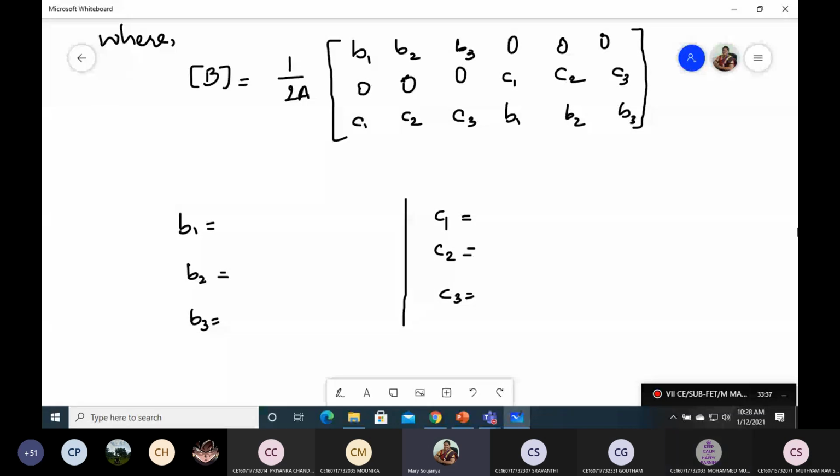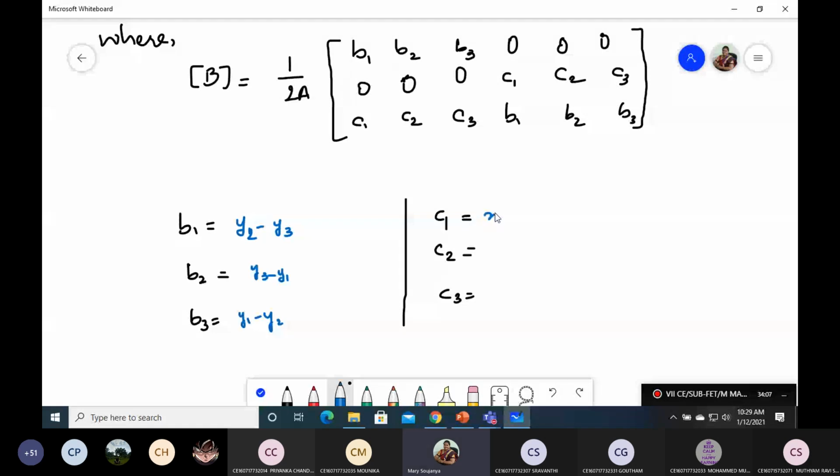Okay, fine. Good. Now, what is B1, what is B2, and what is B3 here? If at all you go for the derivation of shape functions in the CST element, you can find these values. Even if you don't remember, B1 is y2 minus y3, y3 minus y1, y1 minus y2.